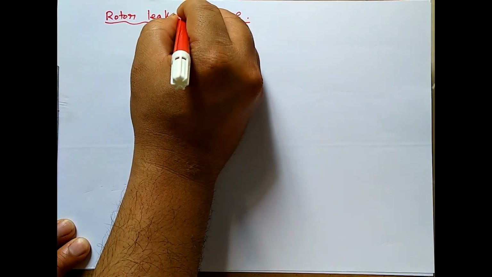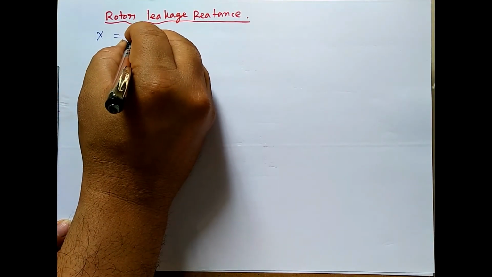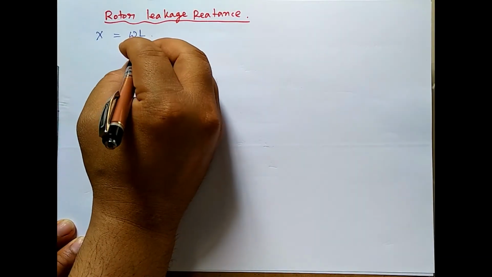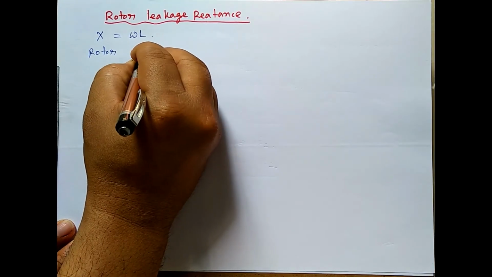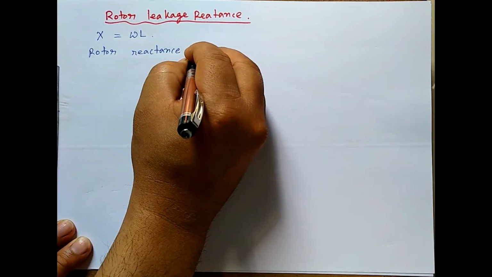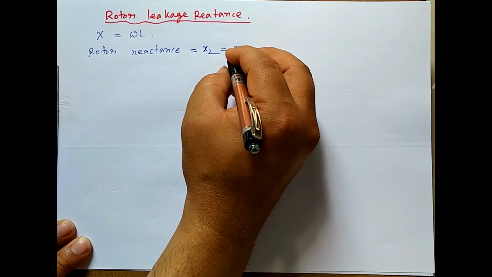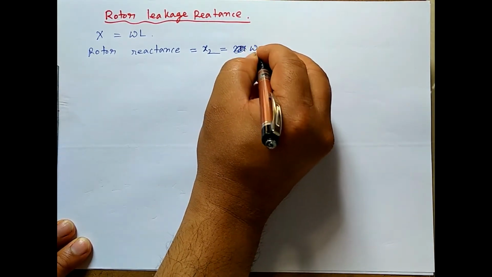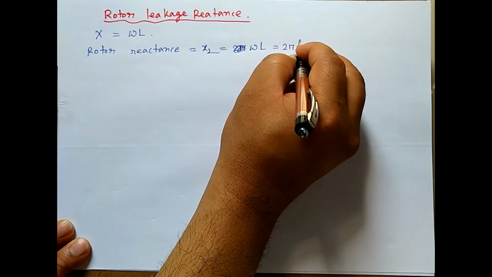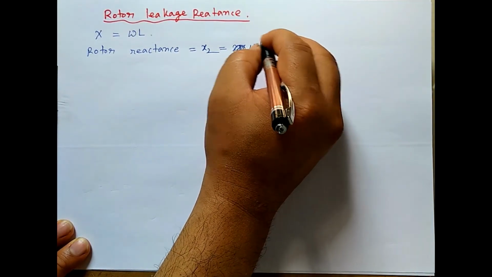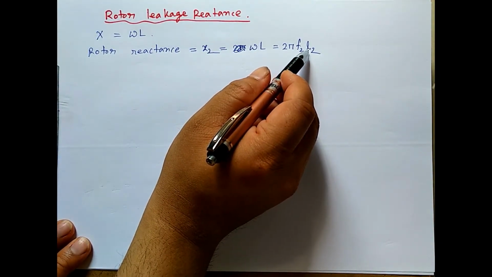So reactance X equals, as we already know, omega L, and if we consider the rotor leakage reactance equals X2, X2 can be written as omega L. Omega is the angular frequency, which can be written as 2 pi F2 into L, where L is the rotor inductance L2.